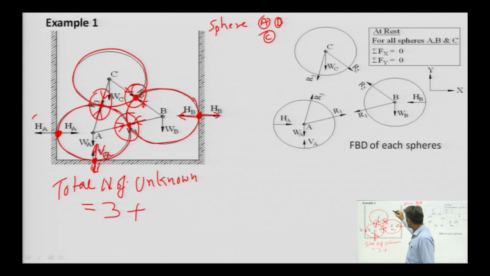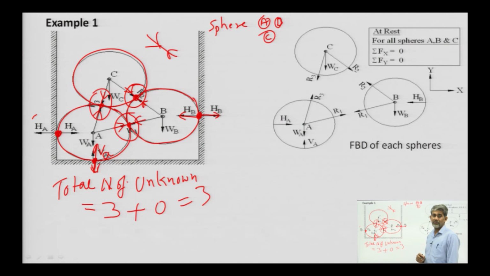Why are these not considered? Because they neutralize each other. So, we have only 3 unknowns and 3 equilibrium equations. So, this is determinate.